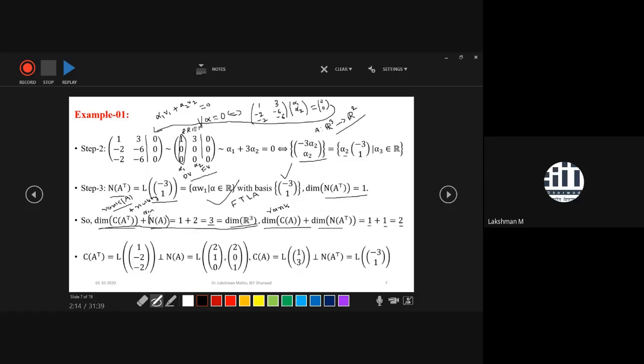That number is again the rank of the matrix. So you can call the dimension of the column space of A the rank of A. And the dimension of the null space of A transpose you can call the left nullity of A, and that is equal to the dimension of the target space.